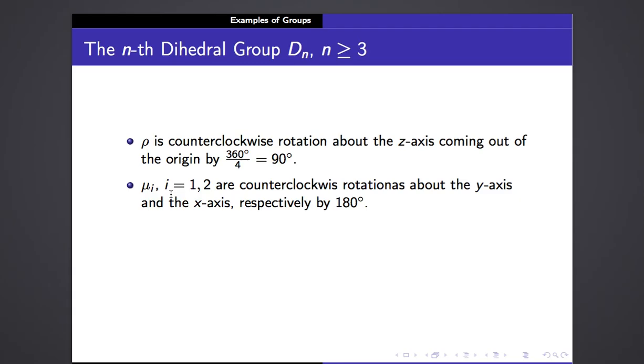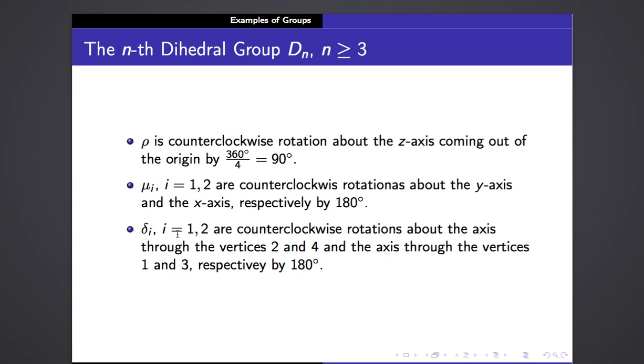Mu i for i equals 1 and 2 are counterclockwise rotations about the y-axis and the x-axis respectively by 180 degrees.